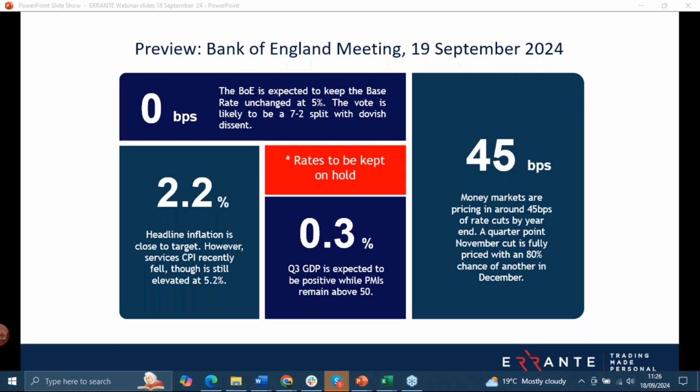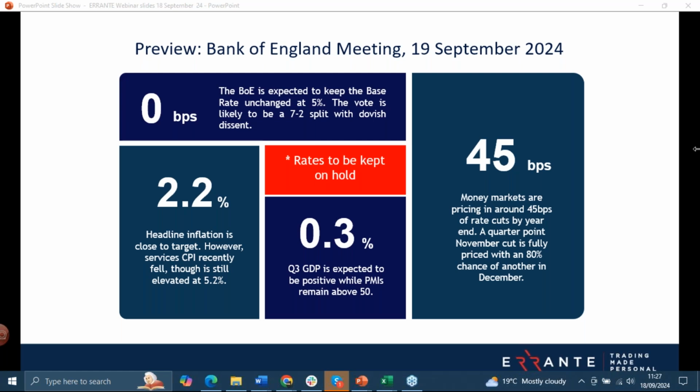That ticked up to 5.6% from 5.2%. That was predicted though, but interestingly, there are some elements in this services inflation which are potentially not as important and temporary maybe for the Bank of England going forward.